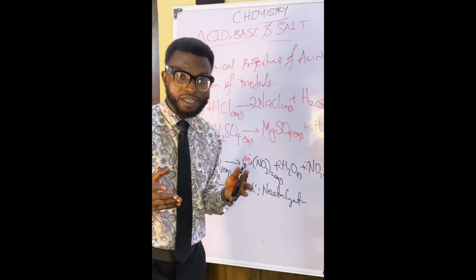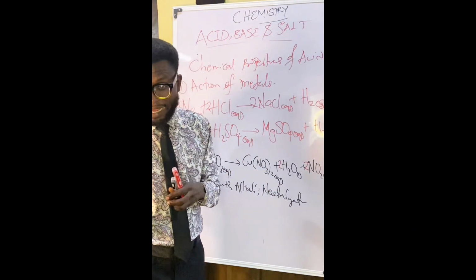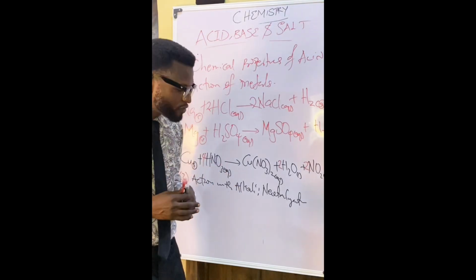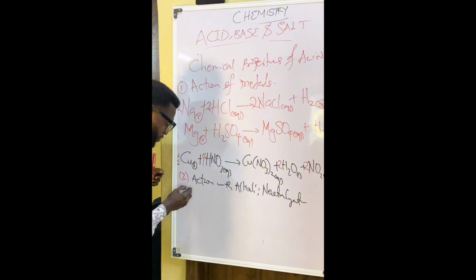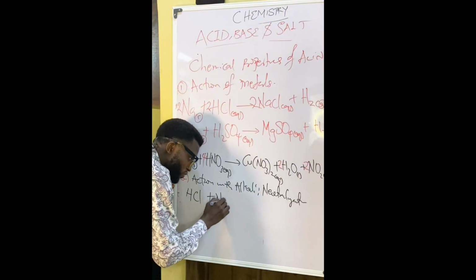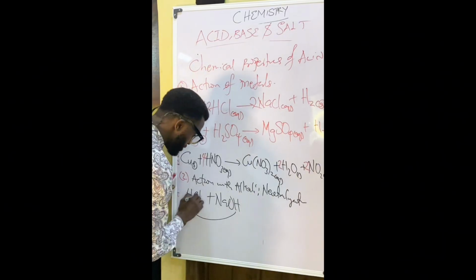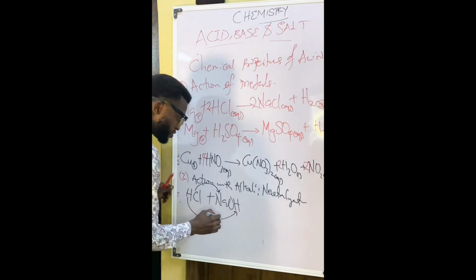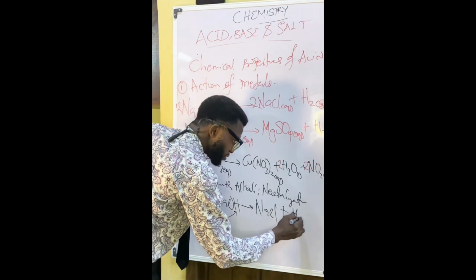In other words, we can say neutralization reaction is defined as the reaction of acids with alkali to form salt and water. But essentially, the basic product is water. So as you can see here, we have hydrochloric acid react with sodium hydroxide. These combine with this, and these combine with this. So this will give you sodium chloride and water.